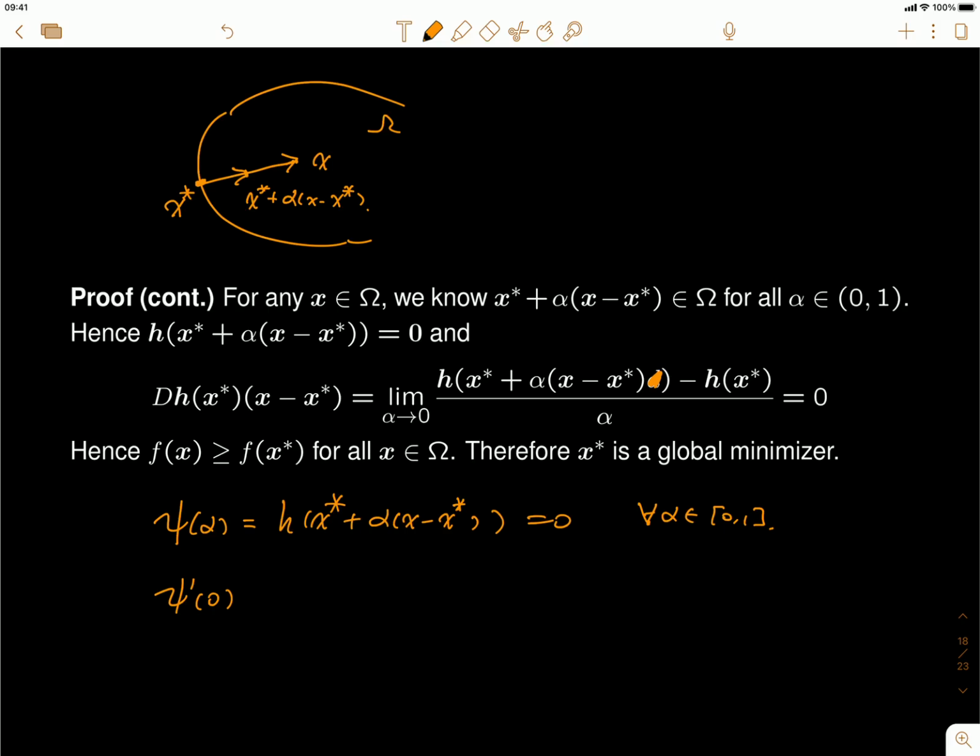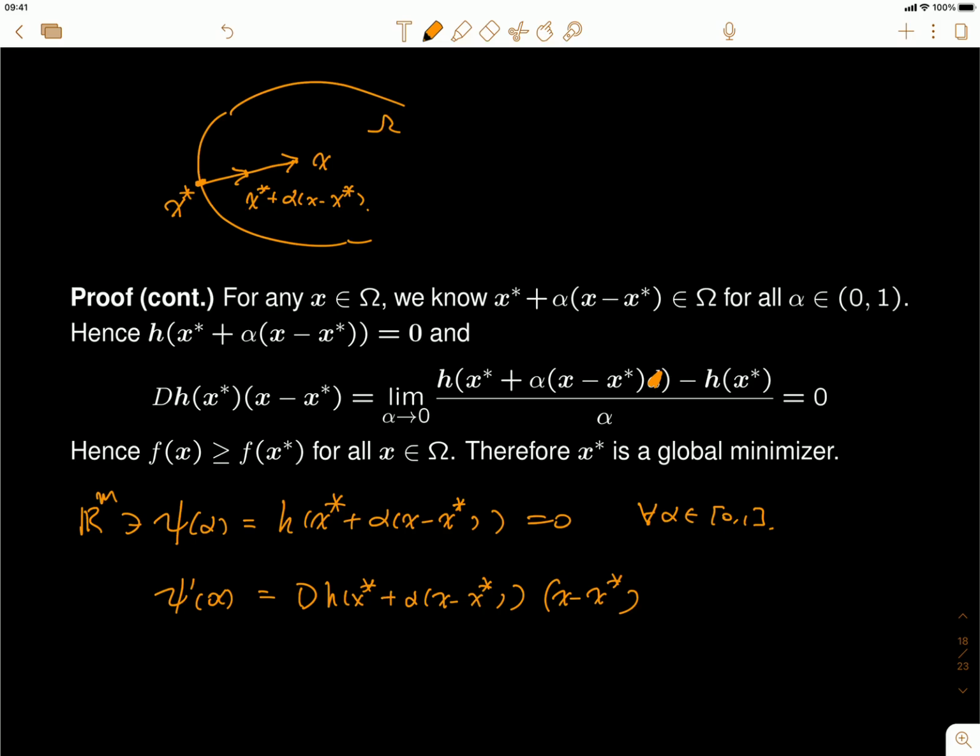So when you take the derivative with respect to alpha, remember that psi here is a vector-valued function because it's m-dimensional, same as h. So we get dh of x star plus alpha times x minus x star, times x minus x star.